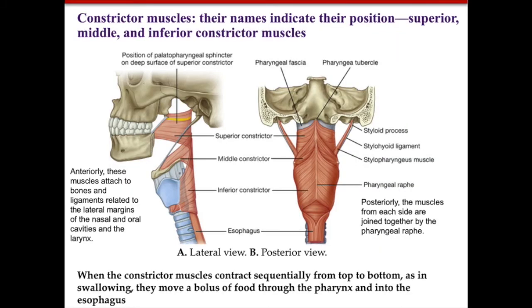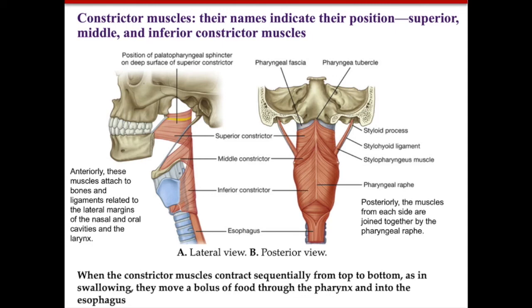The constrictor muscles are named after their position: superior, inferior, and the one in the middle will be the middle. What is very important that you know is that the constrictor muscles will contract sequentially to propel the bolus of food, the food that we just chewed and swallowed, through the pharynx into the esophagus.